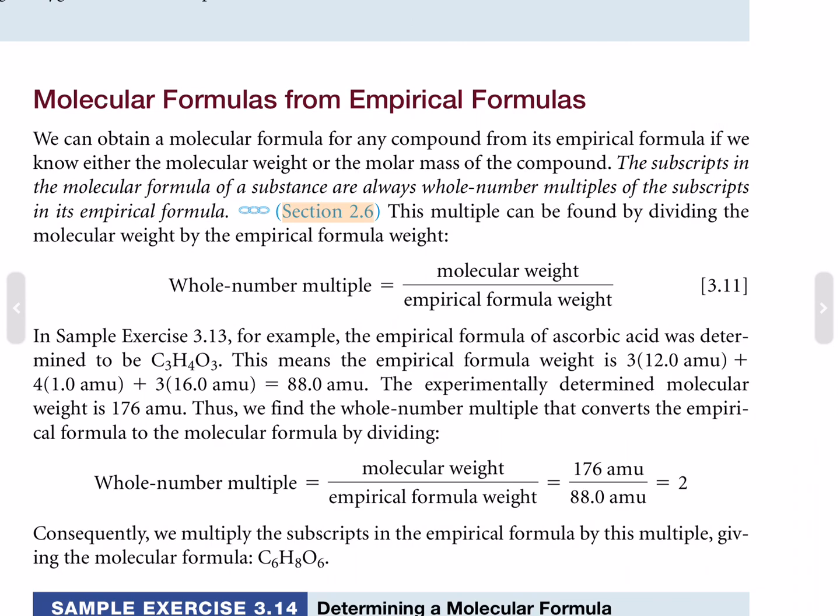Thus, we find the whole number multiple that converts the empirical formula to the molecular formula by dividing the molecular weight of 176 by the empirical weight of 88, and end up with 2. Consequently, we multiply the subscripts in the empirical formula by this multiple. You multiply every atom in the formula by that multiple. So C3H4O3 times 2 is C6H8O6. That's the molecular formula.